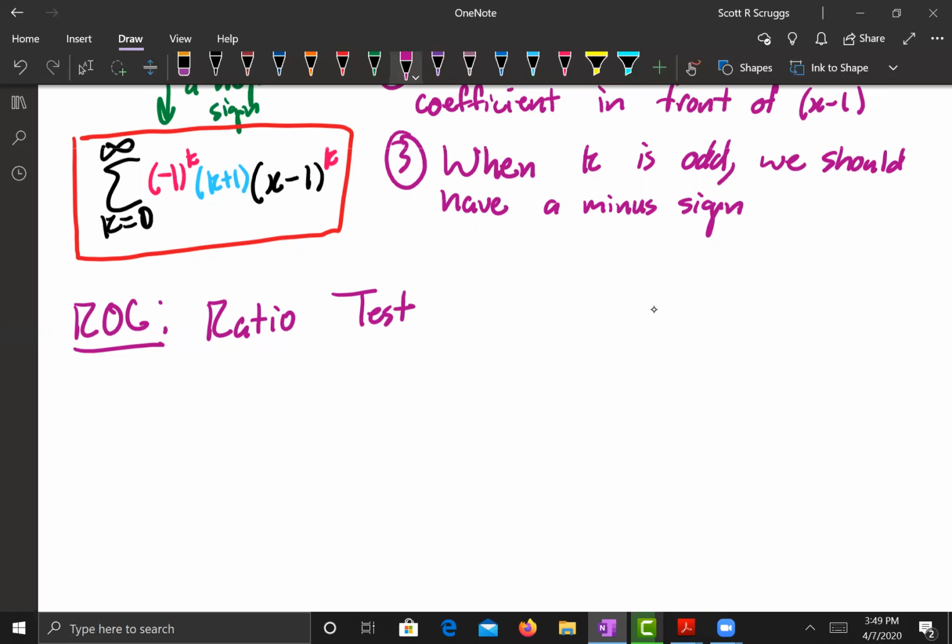So before we start off, let's go ahead and copy down our a sub k that we're going to be using. And now let's list down our a sub k plus 1, which means wherever I see a k originally, I'm going to replace with a k plus 1.